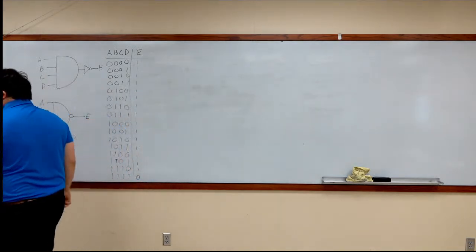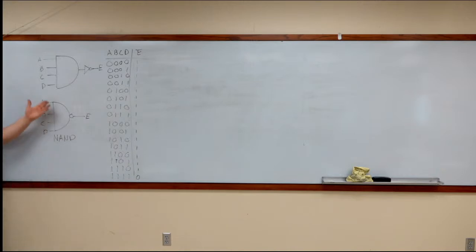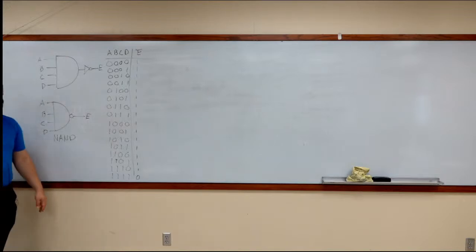The only place it's off is this last one. Every other place it's on. It is the exact opposite of the truth table that we had for the AND gate. It's like if AND had a nemesis. This would be NAND. Okay?